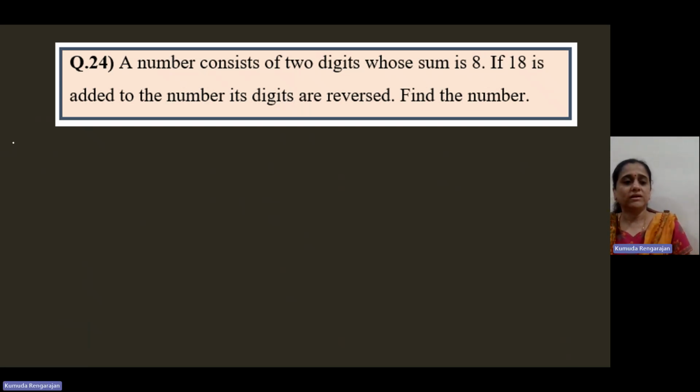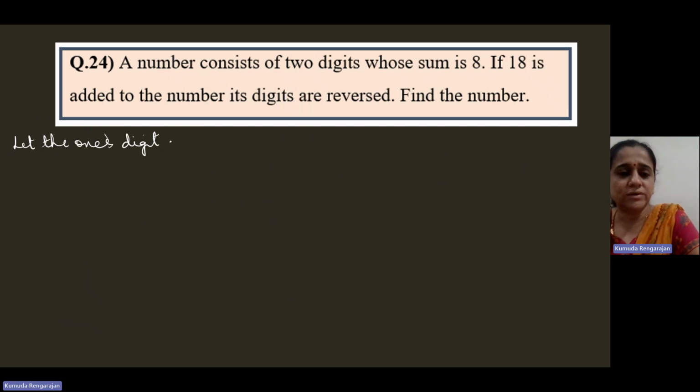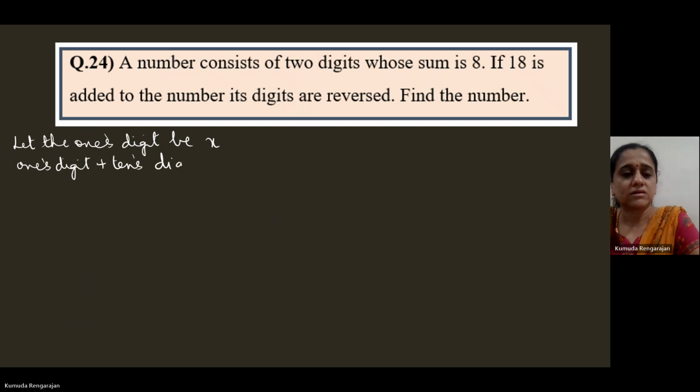So how do you start? Let the ones digit, units or ones, whatever you call it, be x. So now ones digit plus tens digit is equal to 8.